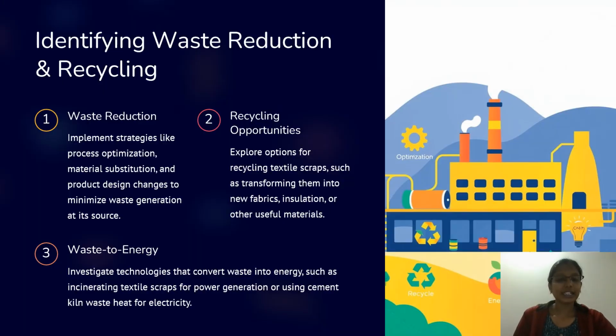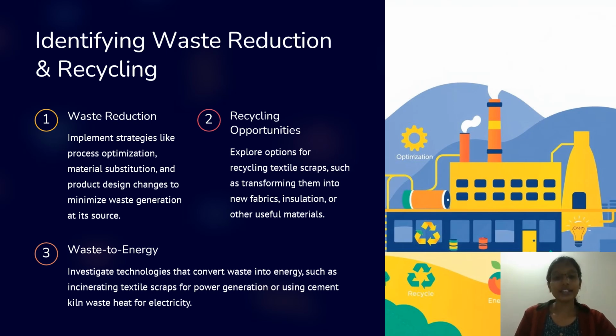Then we have identifying waste reduction and recycling: waste reduction, recycling opportunities, and waste to energy. Waste reduction. Implement strategies like process optimization, material substitution, and product design changes to minimize waste generation at its source. Then I have recycling opportunities. So, how can we recycle waste? If it is biodegradable, it's fine. But what about non-biodegradable?